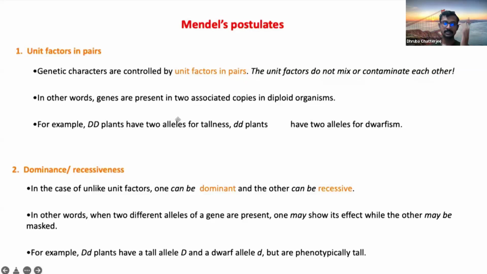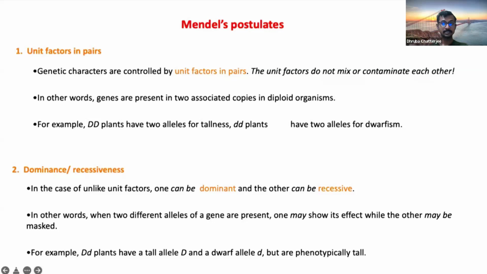They're always preserved. Sometimes they get to express themselves in terms of regulating the phenotype. Sometimes they don't get to, for some reason or other, which we'll see why. But if they're there, they never mix or contaminate with one another. They always maintain their individual identities.